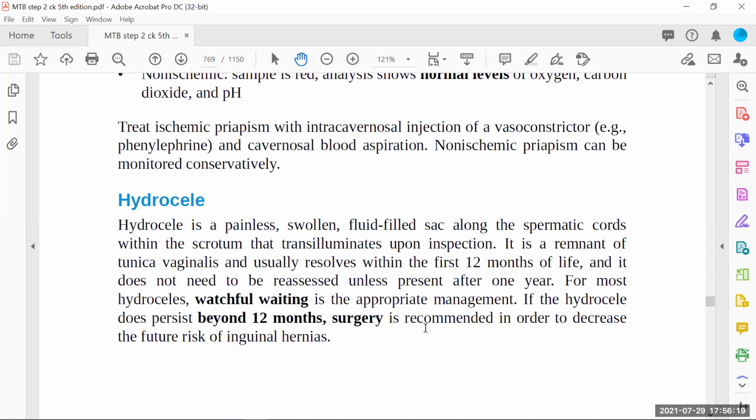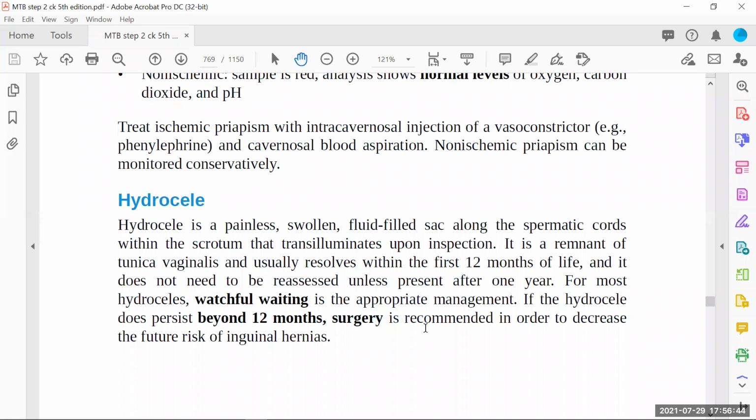So think about any fluid-filled cavity inside the scrotum, along the side of the spermatic cord: that is the remnant of tunica vaginalis that has to be resolved within 1 year. If it goes beyond 1 year, we will do surgery, because we want to minimize the risk of inguinal hernias.